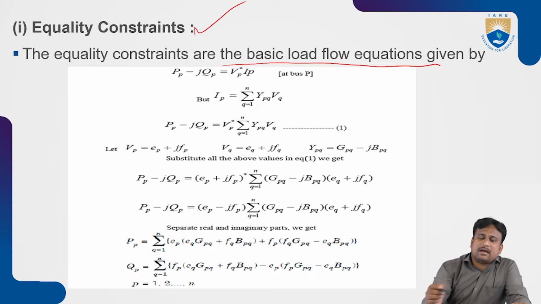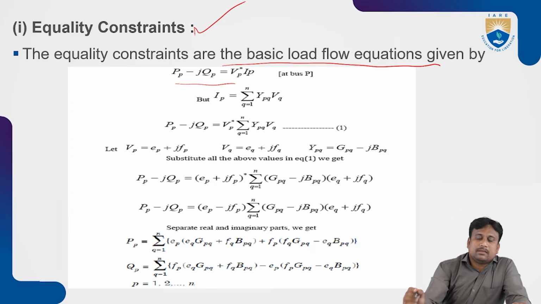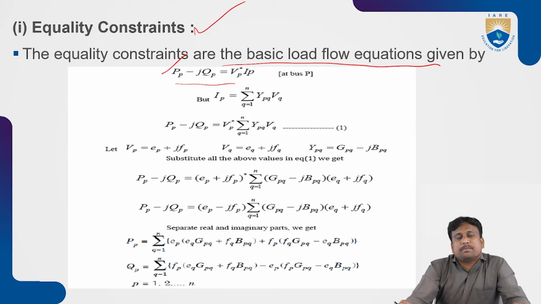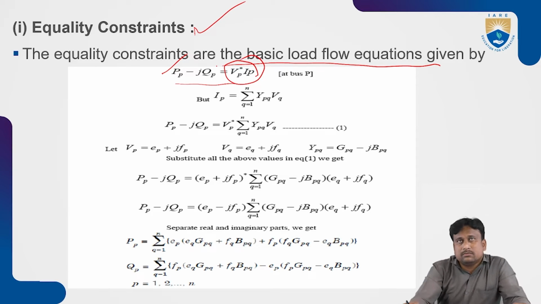If you write the corresponding expression in terms of real power and reactive power, the term becomes Pp minus jQp, which is the entire power in complex form, equals Vp conjugate times Ip. This is supposed to be fixed at each bus.